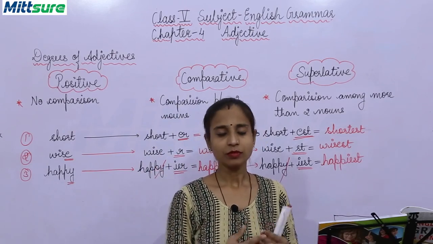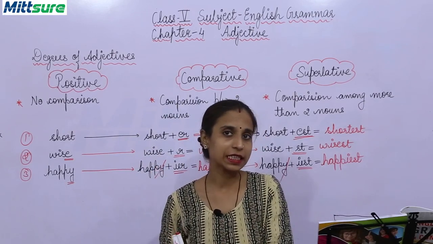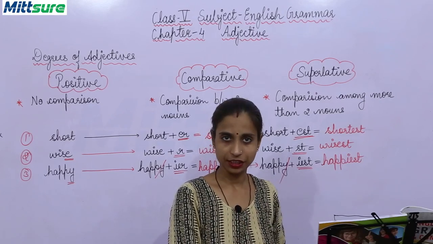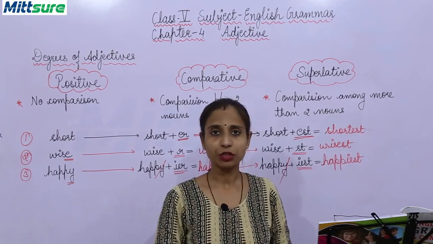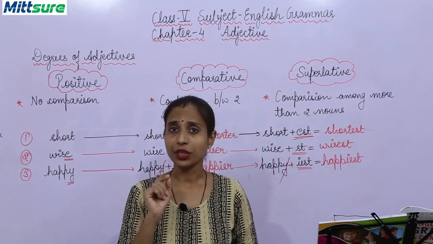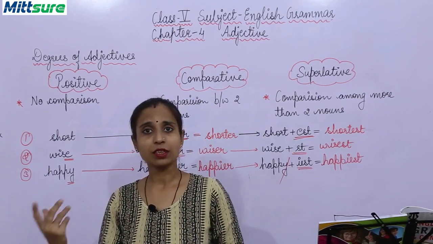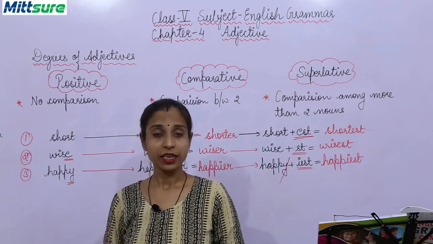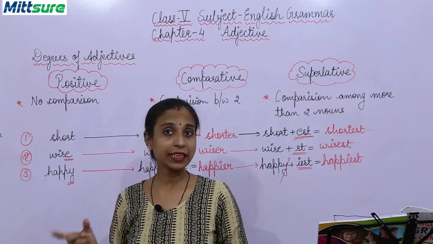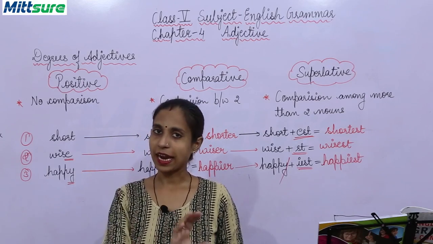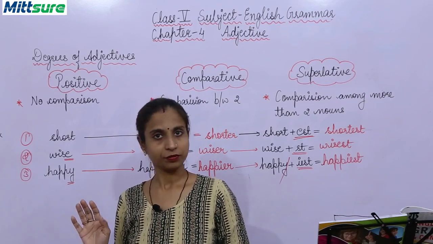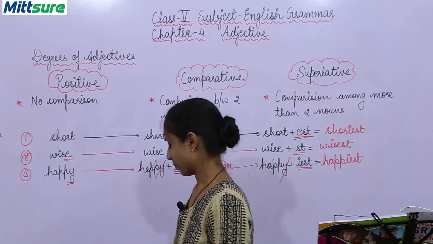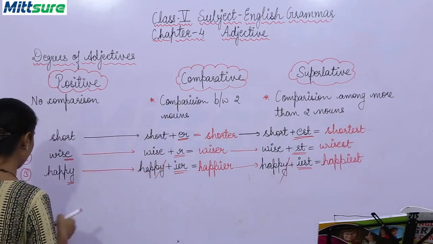So if there is a single syllable in the adjective, then what are we going to do? We are going to double the ending consonant and add ER. Just see the example.